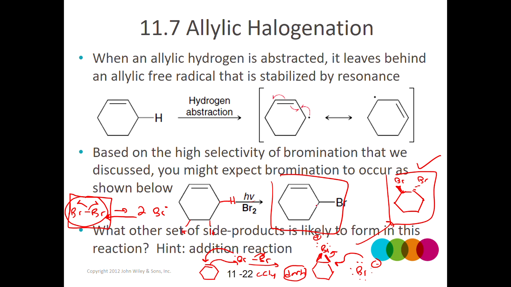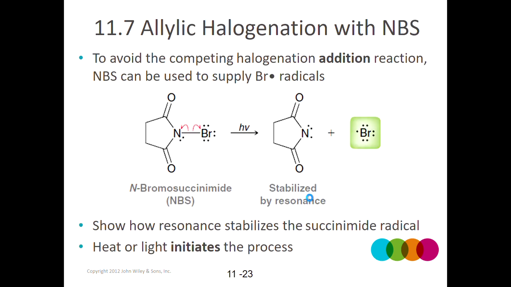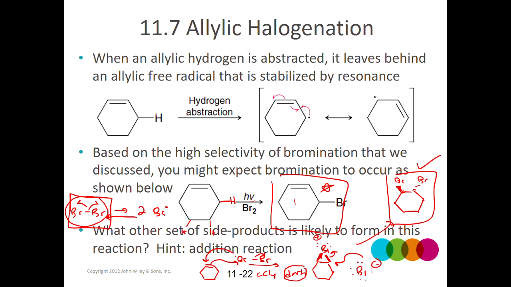I'll be able to get some of this product, but most of the Br2 molecules remain intact, and they might react across the pi bond through this mechanism, giving me the other product. So I get a mixture of products, which is not what I want, obviously, if I'm trying to produce this product selectively.